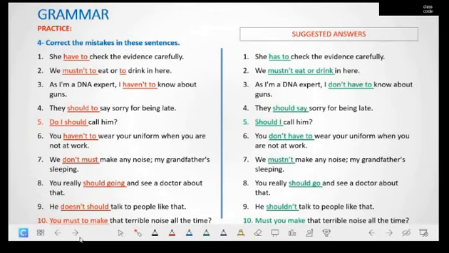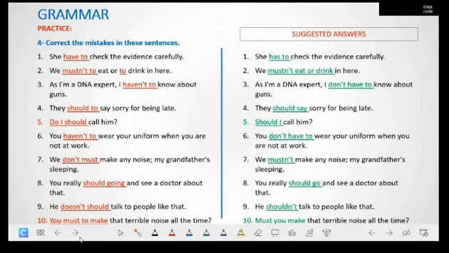So as we said, after the modal verb, it is followed by the infinitive. So the verb that comes after the modal verb should be in the infinitive form. We don't add anything to the verb that comes after the modal verb.